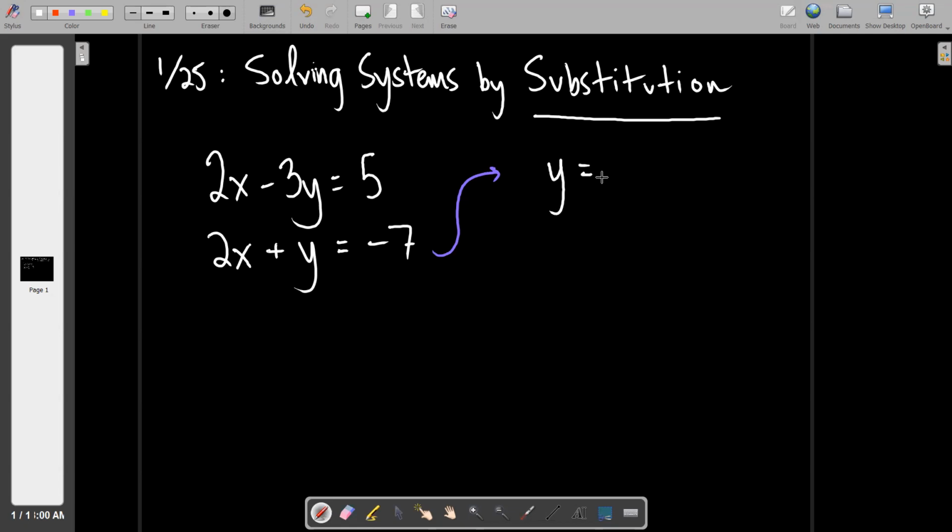And when I move the 2x over the equal sign, this is the 1,000th time I've said this, we switch the sign. And so the 2x relocates himself to the right side and becomes -2x. Simple enough, right? The -7 didn't have to move. He moves a little bit to the side, but that doesn't really count. So the -7 just kind of scooches over and makes room for his new friend, -2x. Any questions so far?